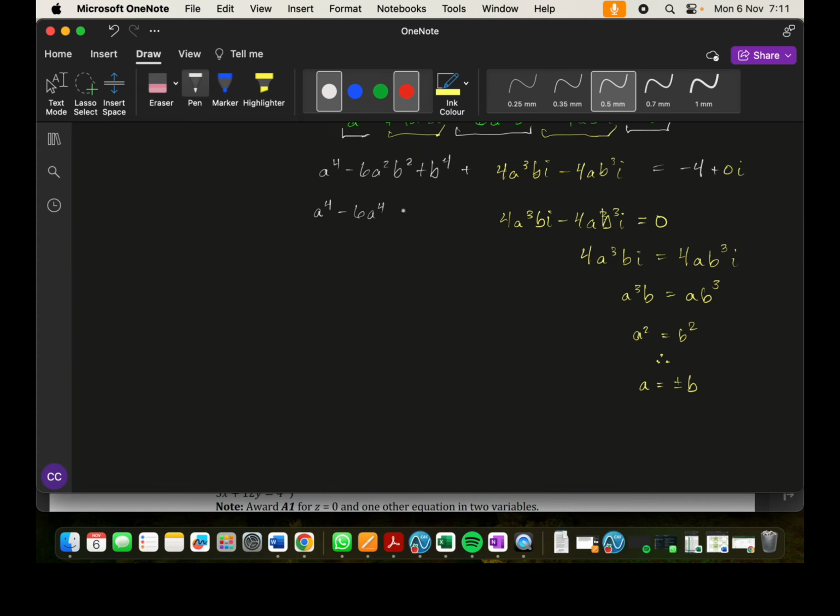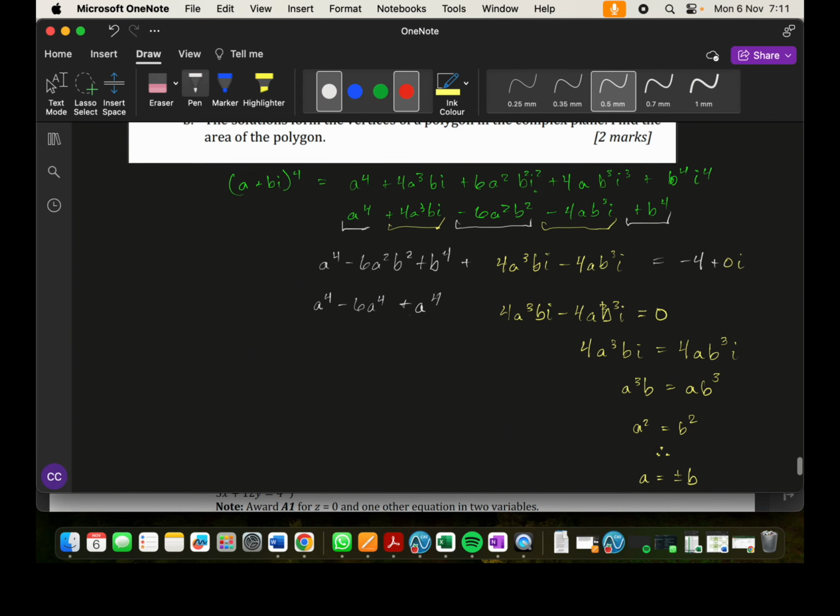And then plus a to the 4th. Yeah, is that where we're at? That's where we're at. So if I do that, this turns into 4a to the 4th, which equals -4. We had that from there. So I end up with a to the fourth equals -1.